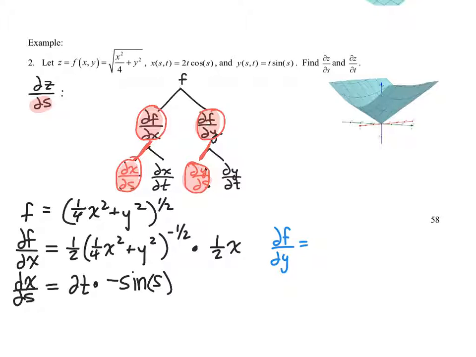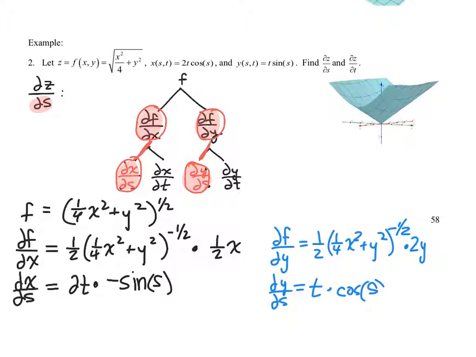That's going to have the same ingredients, except it's going to have a 2y at the end. So that's kind of nice. You can just go into autopilot a little bit. Then partial y with respect to s: taking my y function, t is a constant multiplier, sine of s has the derivative of cosine of s, so t times cosine of s.